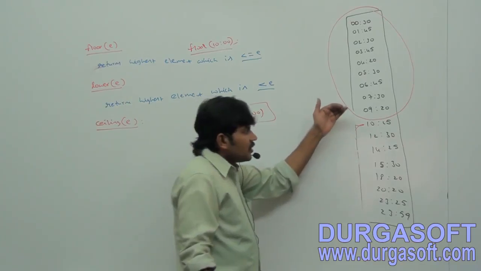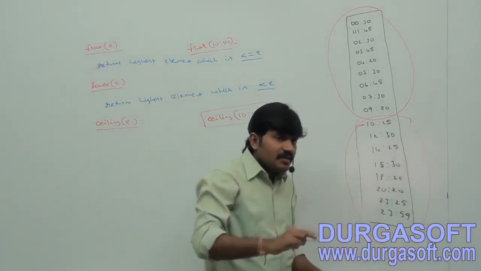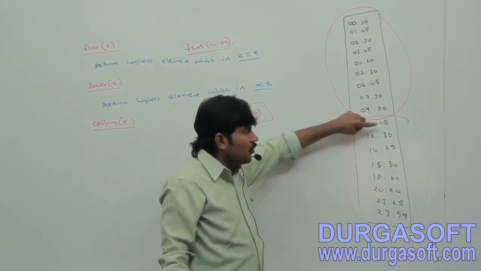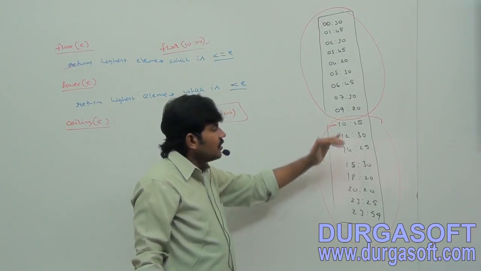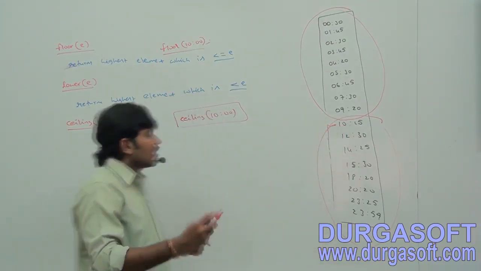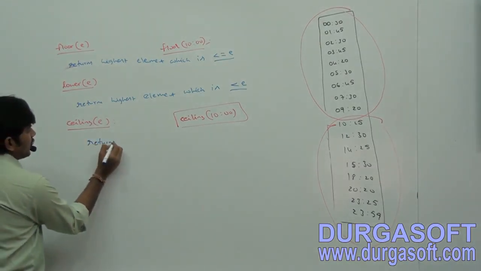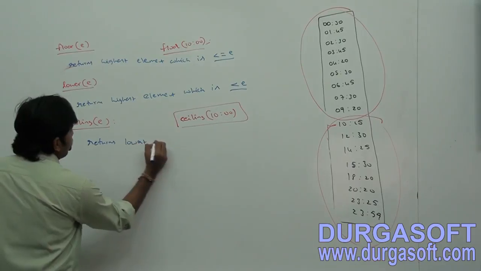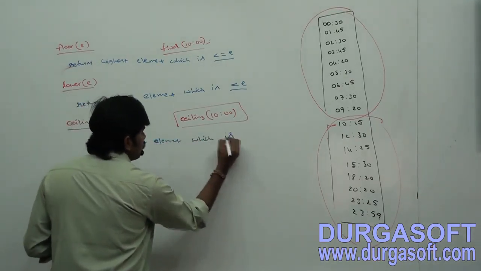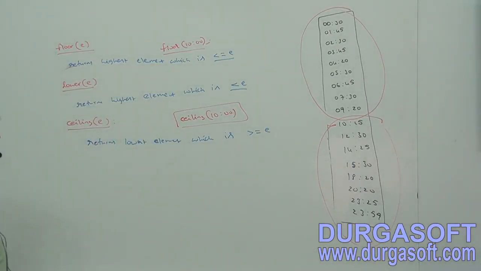There are several elements, and we are asking about the first. Can I use the term lowest value? Yes, either 10 or after 10, the lowest value. What description do I have to provide? Returns the lowest element which is greater than or equal to E.